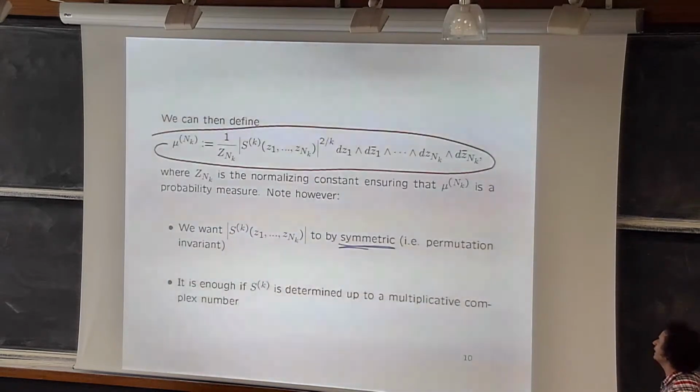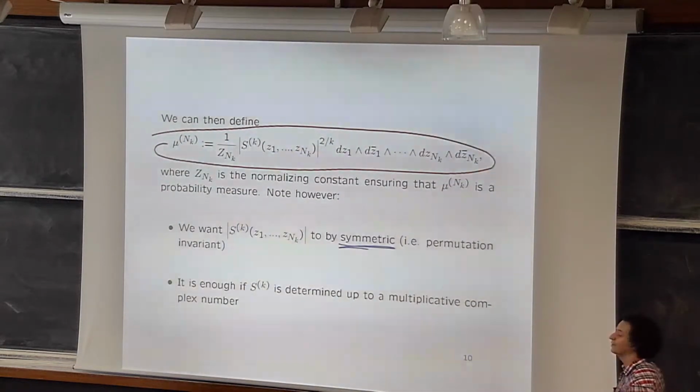Because if we have that, then everything will transform in the right way, so that this object here, when I take a kth root in the usual way, is really transforming as an honest measure. I can write it down in local coordinates, but it will globally transform in the right way to have a measure. I just put in a normalizing constant to get an honest probability measure.